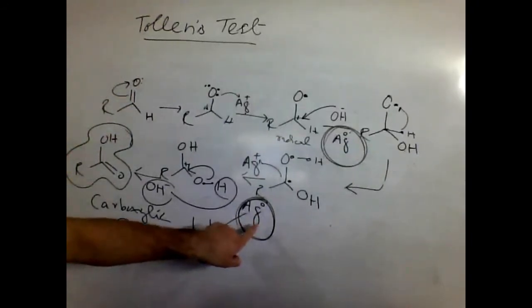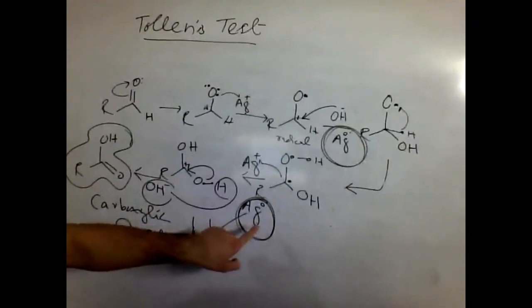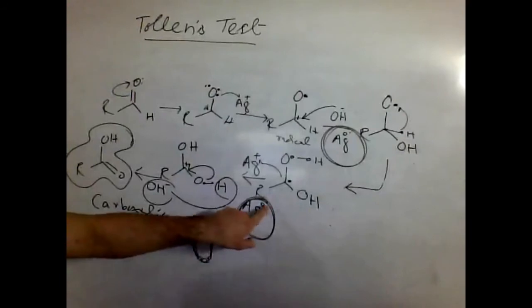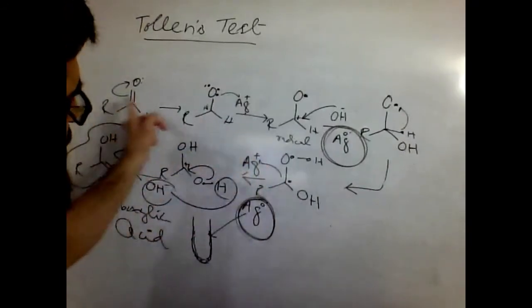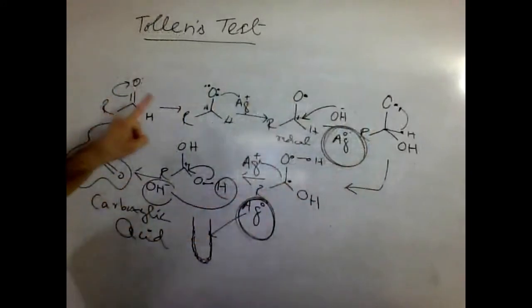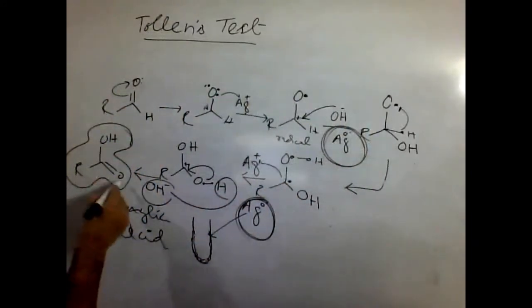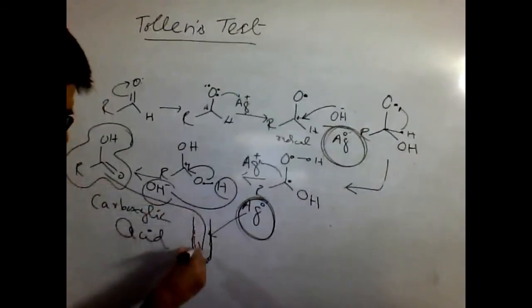As soon as these are produced, we see a sort of mirror. So we assume that Ag0 has been produced through this reaction, and this reaction is only possible with aldehydes. This sort of carboxylic acid is also present in the test tube.